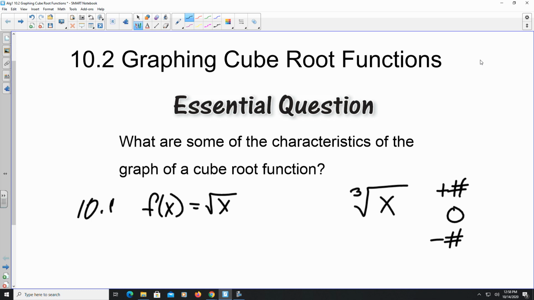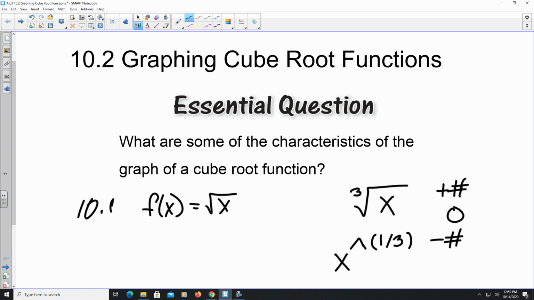If for some reason your calculator doesn't have cube root capabilities, I would suggest to do something like this. Whatever value you choose for x, there should be a little symbol like this, and then you could write it as 1/3 power.